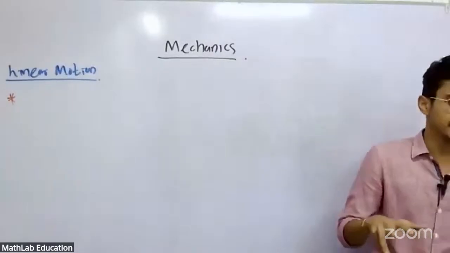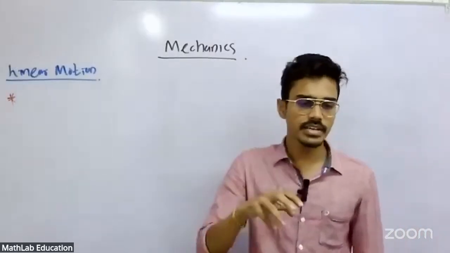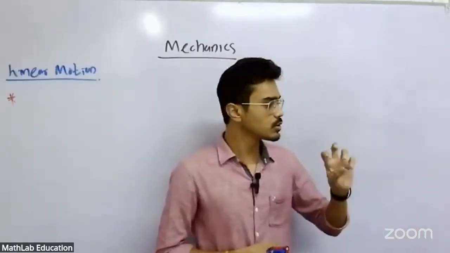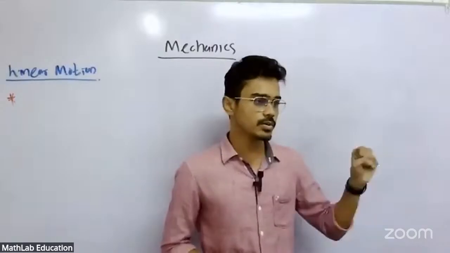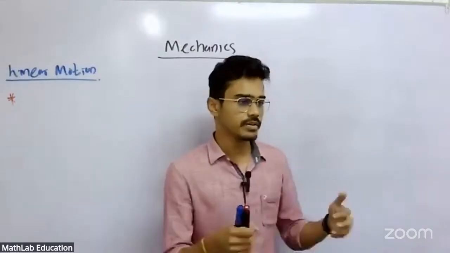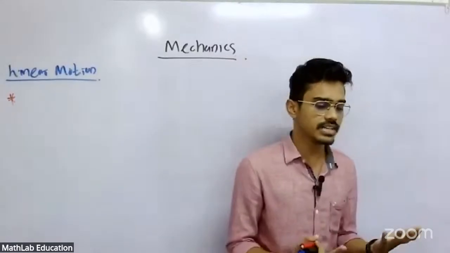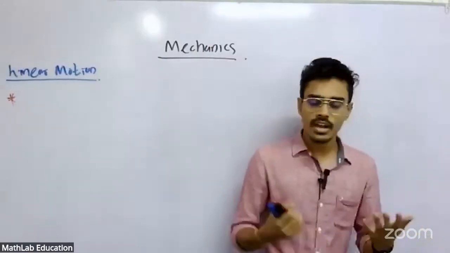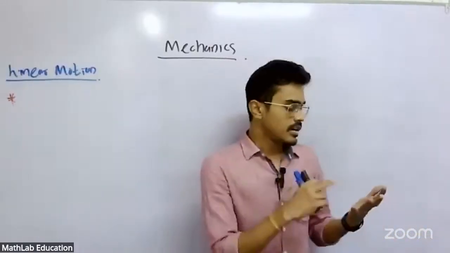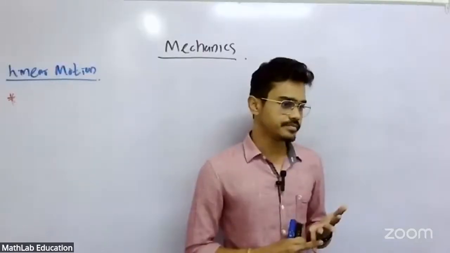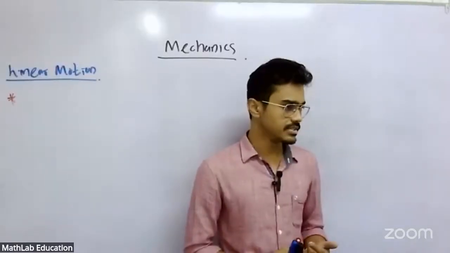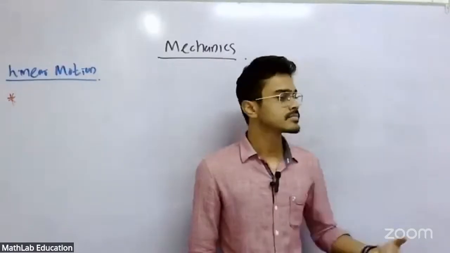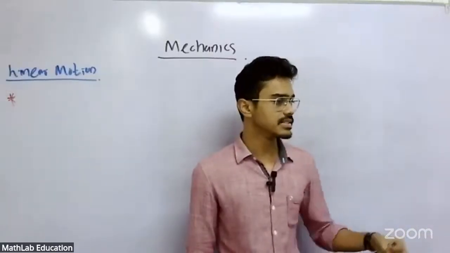Those are the things we need to look at when we study motion. Even though you don't know the word parameters, you know variables. Now, when it comes to linear motion, linear displacement is a variable. Initial velocity is a variable. Final velocity is a variable. Accelerations are going to be variables.